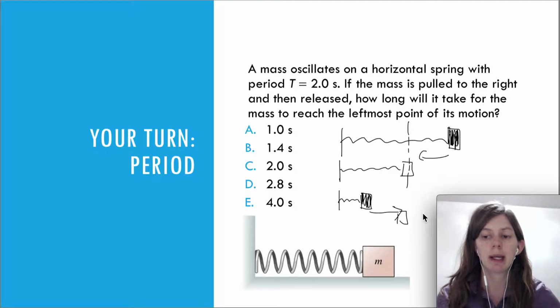So just going to the left is going to be half of a cycle, which means half of a period. If the period is 2 seconds, that's the time to go back and forth. Just to go to one side is going to take half of that time, which is 1 second.